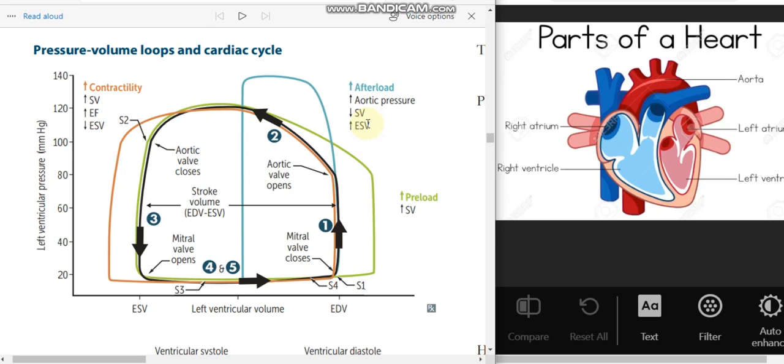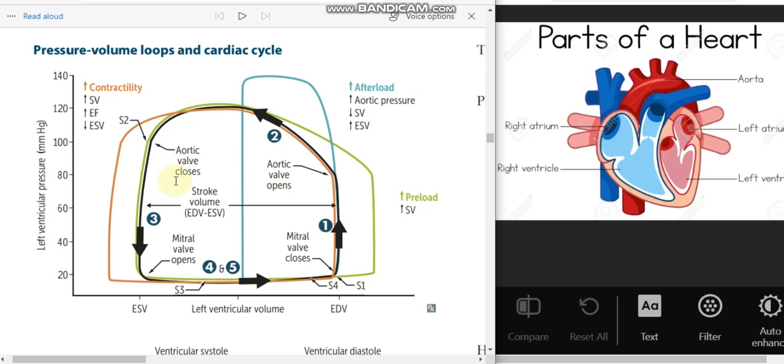So basically the resistance is increasing, which means the pressure in the ventricle needs to be more in order to eject the blood out of the heart.